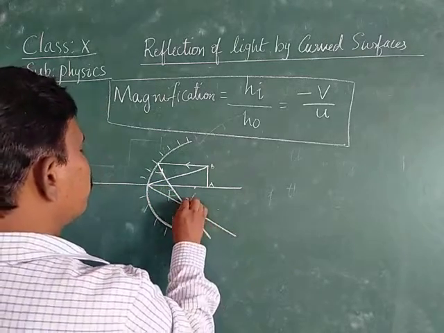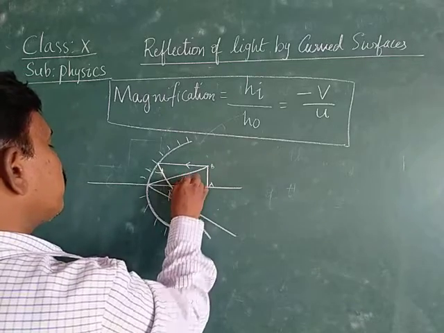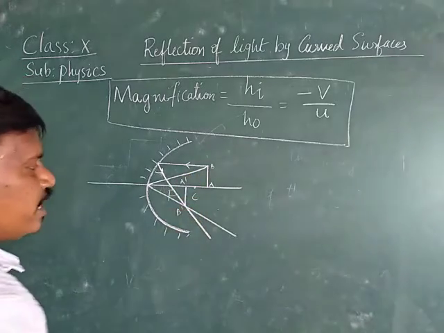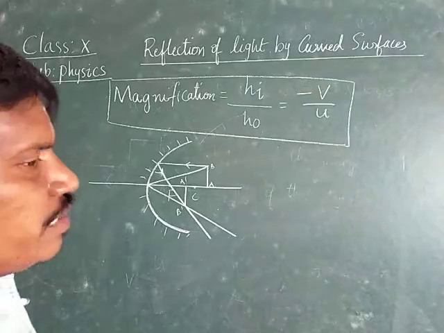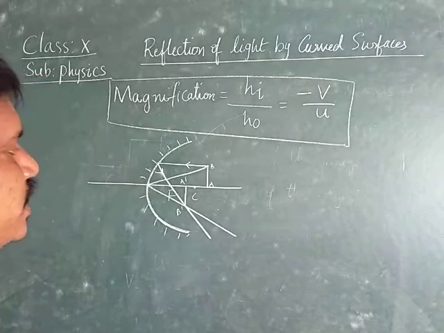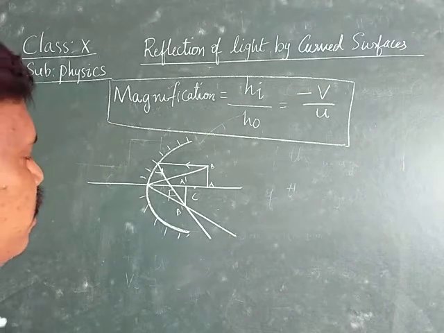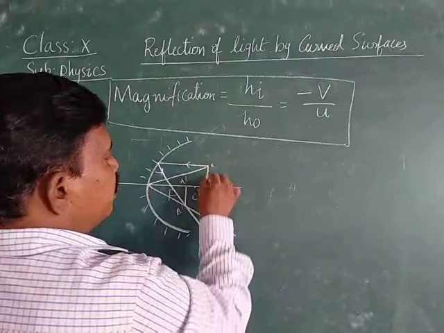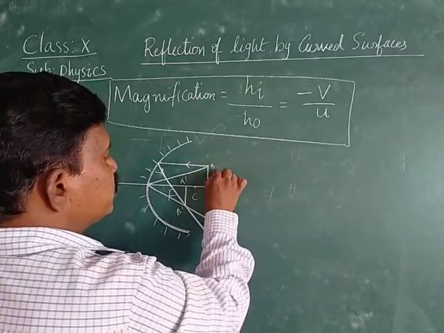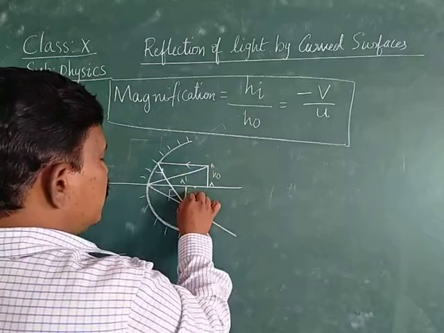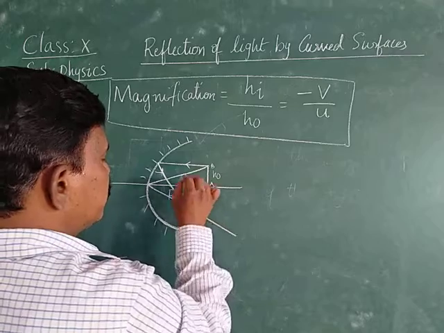Where is the image formed? The image is formed between the focal point and the center of curvature. Let us take this as the height of the object, HO, and this as the height of the image, HI.